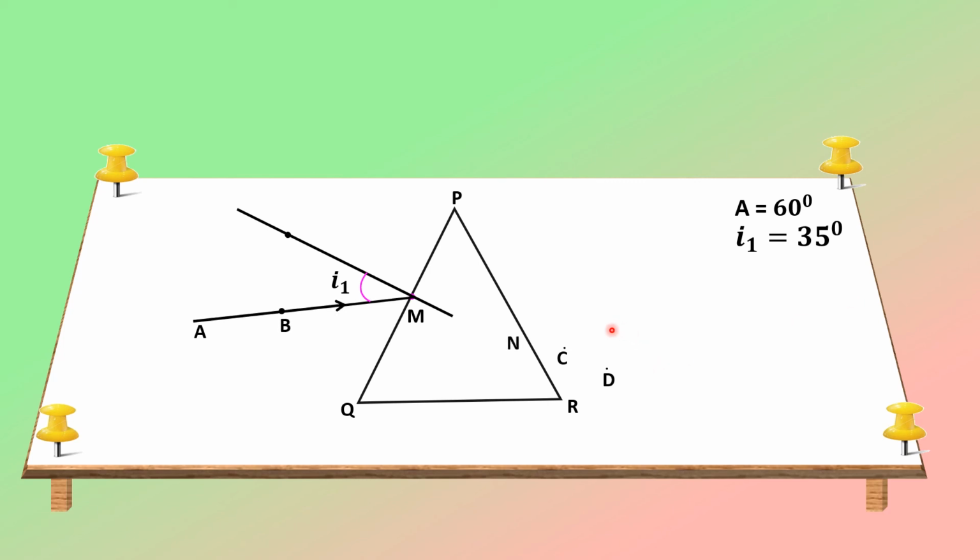Now I am going to draw a ray passing through C and D to meet the surface PR at N here.